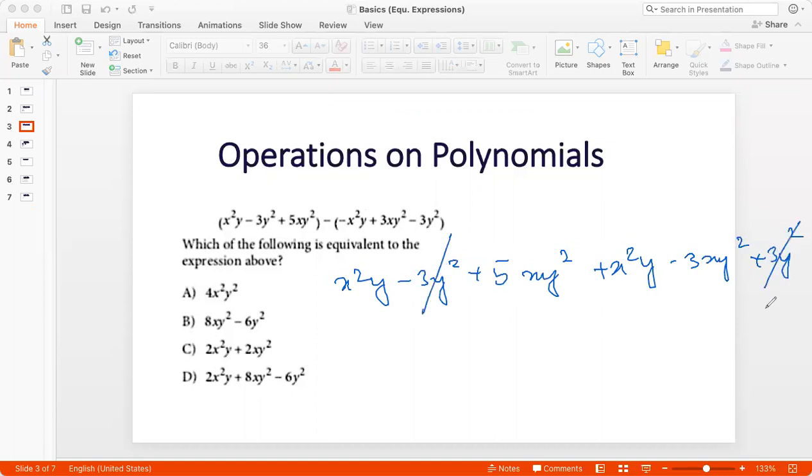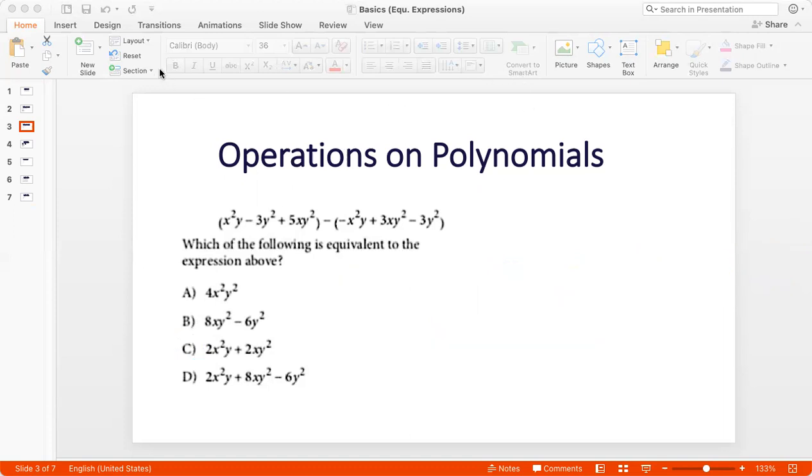Minus 3y squared and plus 3y squared cancels. X squared y plus x squared y, these two become 2x squared y. And 5xy squared minus 3xy squared becomes 2xy squared. So my answer is option C.